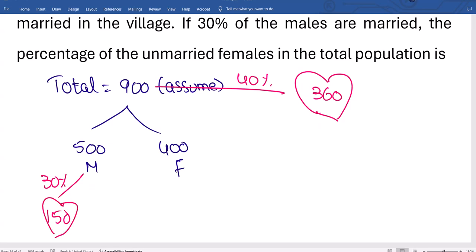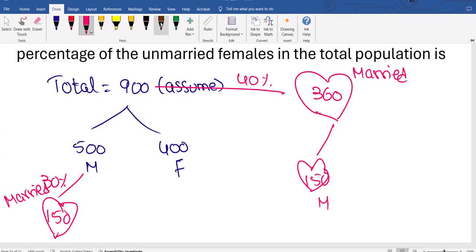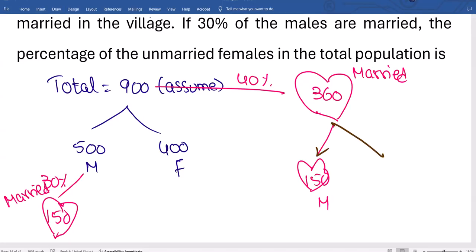These are males who are married. Among 360, 150 are males who are married. This is regarding married. A lot of people will think married, buried, something like that. No. So the remaining 210 are females who are married.